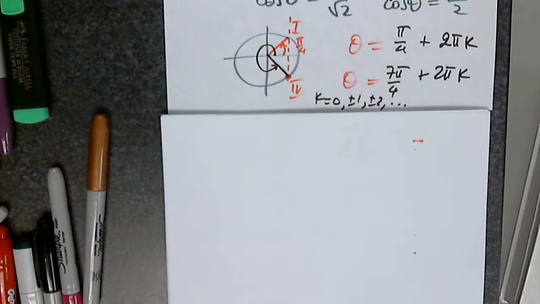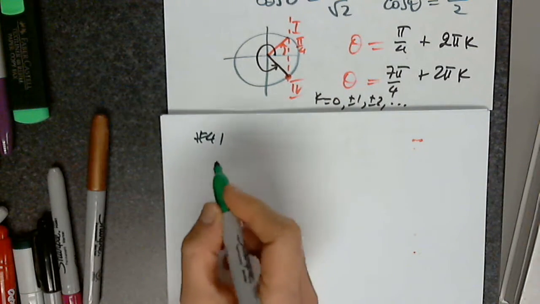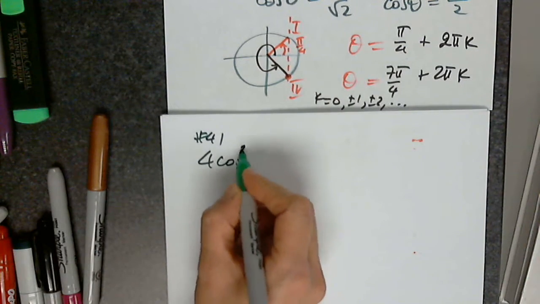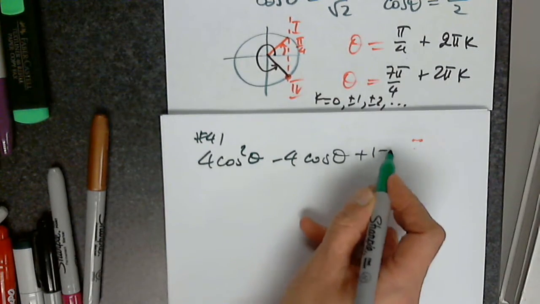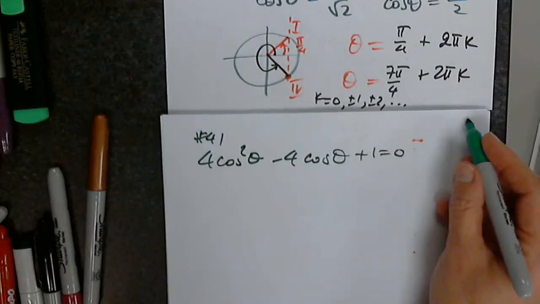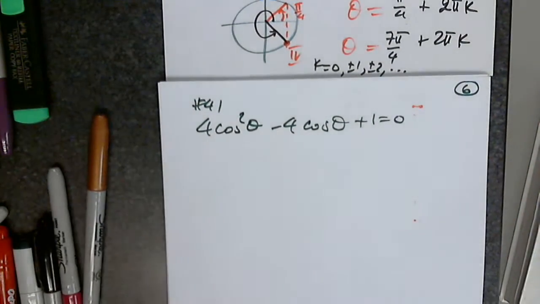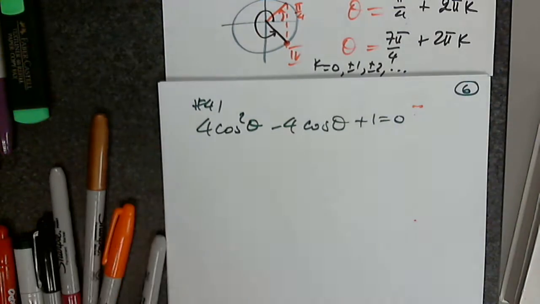Good. Okay, so let's move to slightly more difficult situations. Problem 41: 4 cosine squared theta minus 4 cosine theta plus 1 equals 0. Good, so what do I do now?